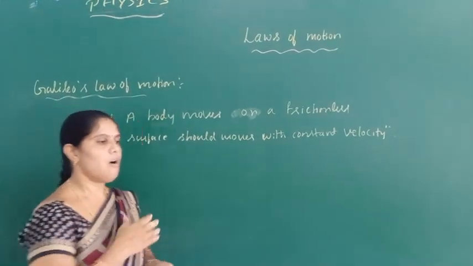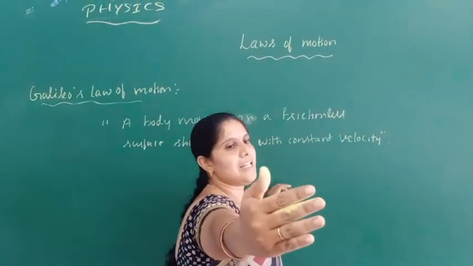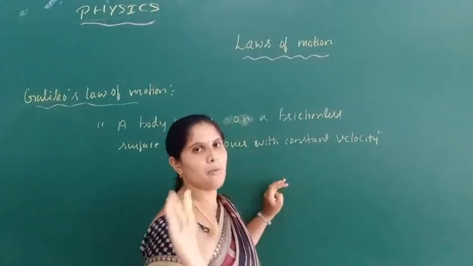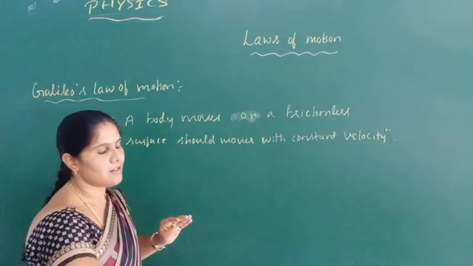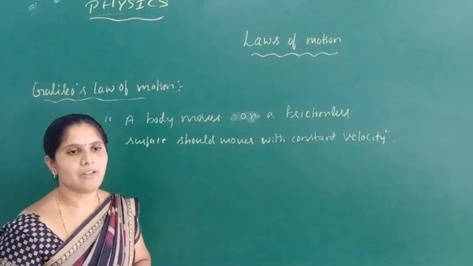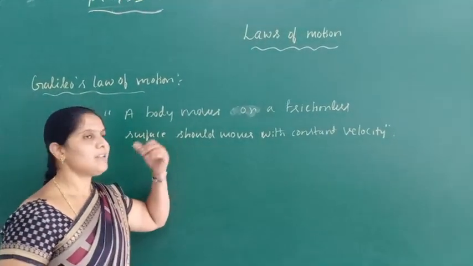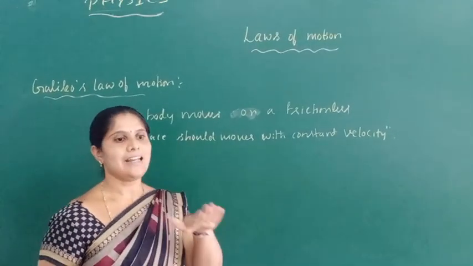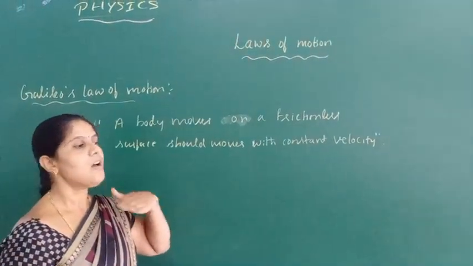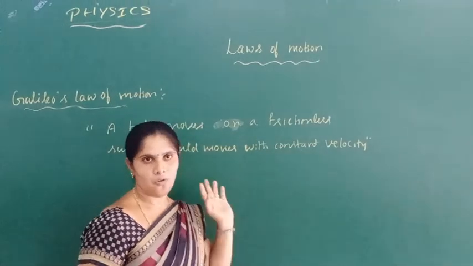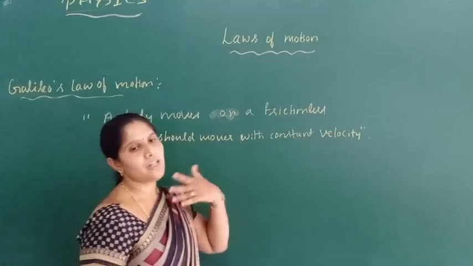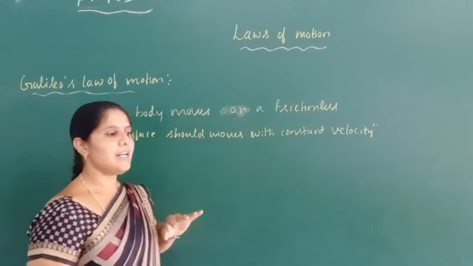That means the ball moves continuously if there is no external opposite force applied to the ball, and the ball moves with constant velocity. This concludes that the external force is required to overcome the frictional force, not to keep the body in continuous motion.